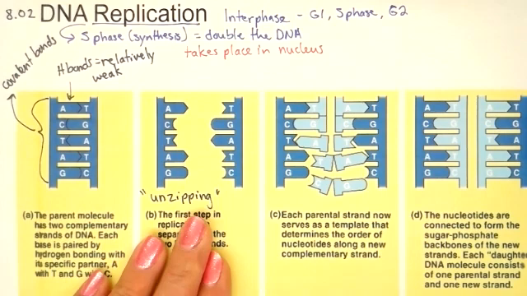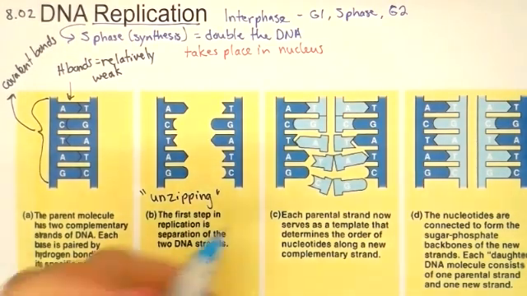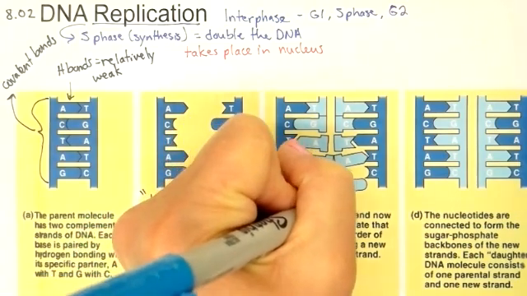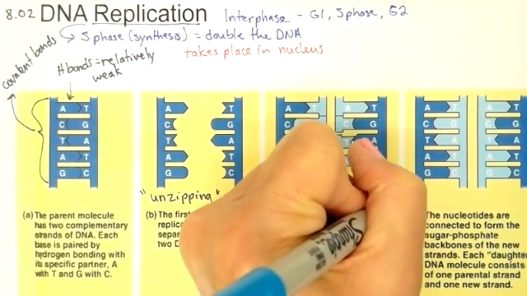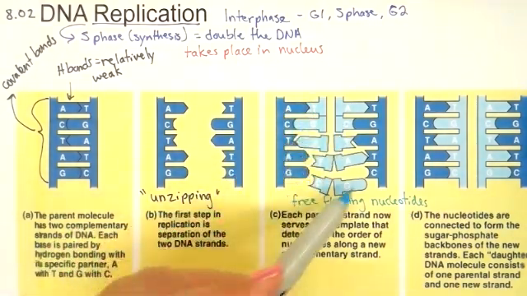The enzyme comes along and unzips it. Now, floating around freely in the nucleus are free-floating nucleotides. So these are free-floating nucleotides in light blue. It looks green when I write blue on the yellow. So all of these are the free-floating nucleotides.